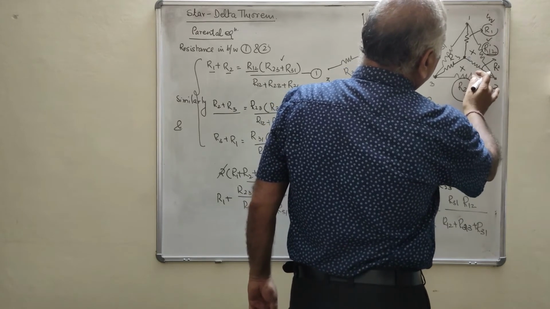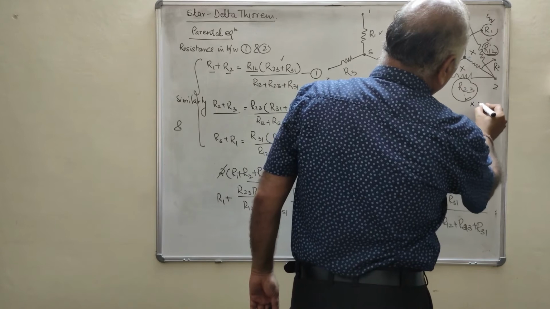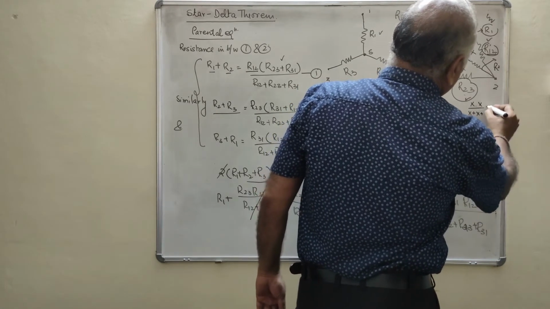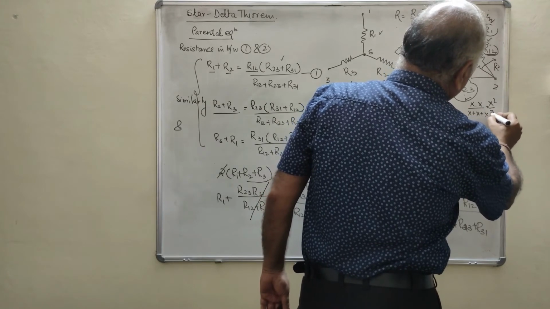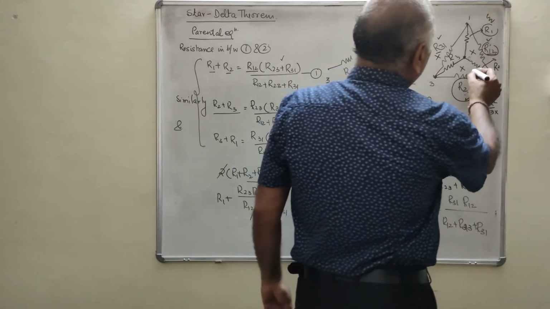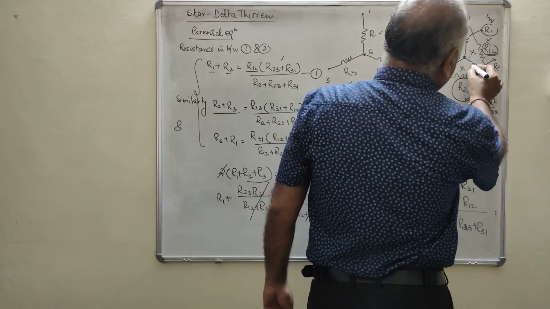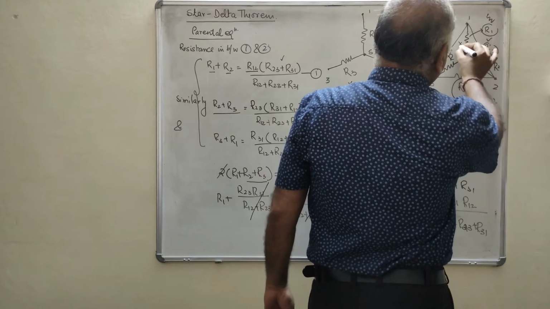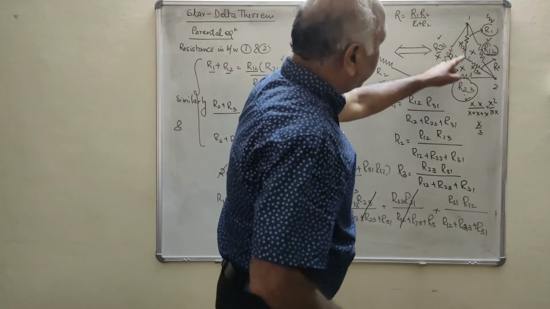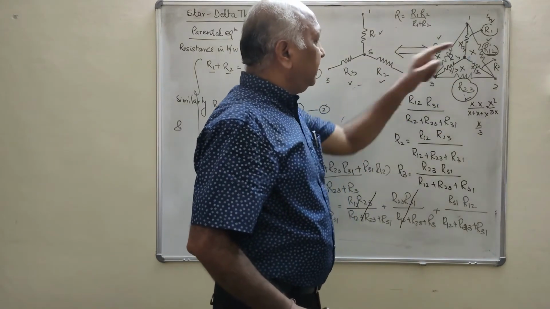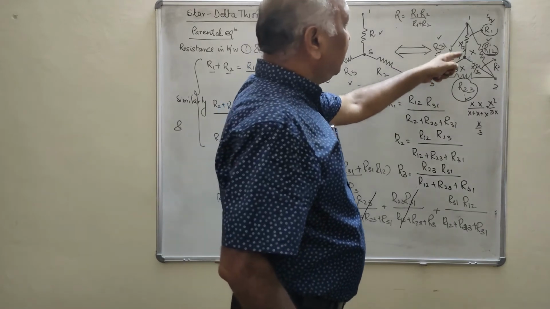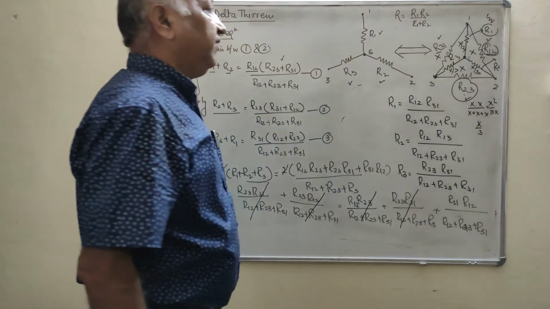X into X upon X plus X plus X, that is equal to X square upon 3X, that is equal to X upon 3. Clear? That means these resistances will be X upon 3, X upon 3, X upon 3. That means if a delta connection has equal resistances, when we convert it into star, it will become 1/3 of the value.